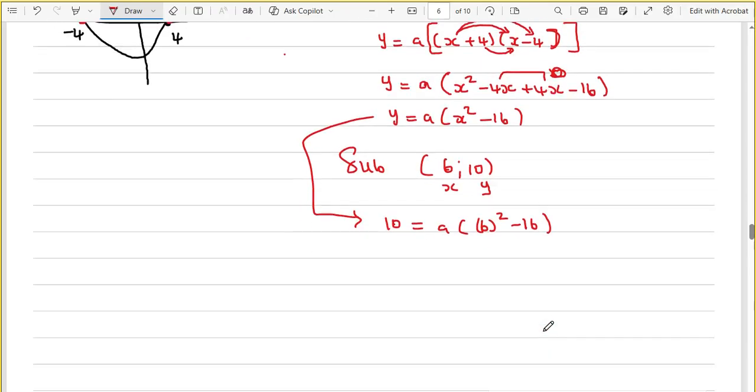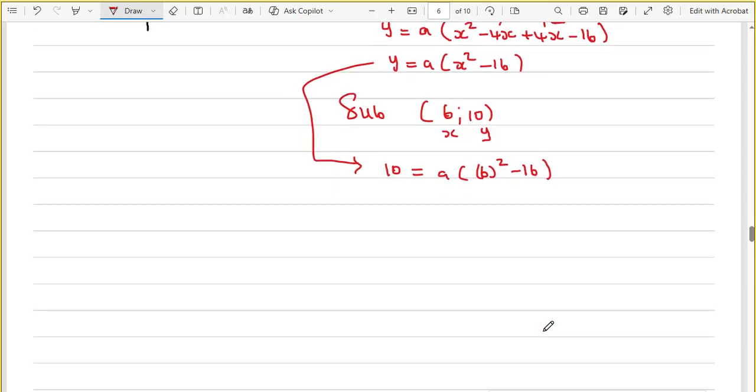You work out the bracket: 6 squared is 36, minus 16 is 20. So this will be 20a, it's equal to 10. Divide both sides by 2. No, wait, not by 2. This will be 20a.